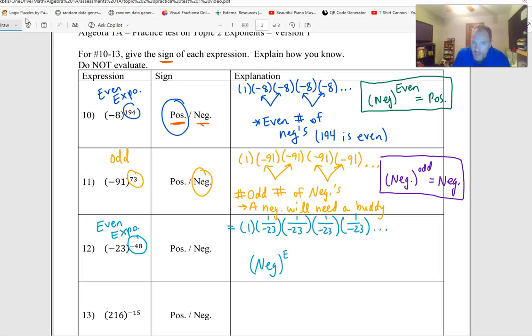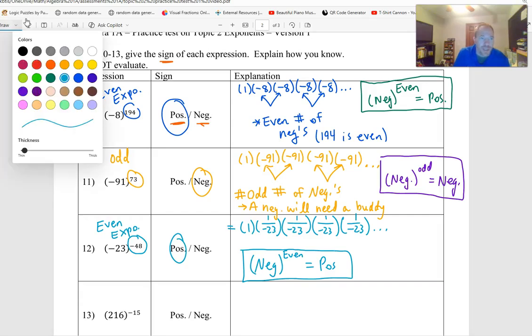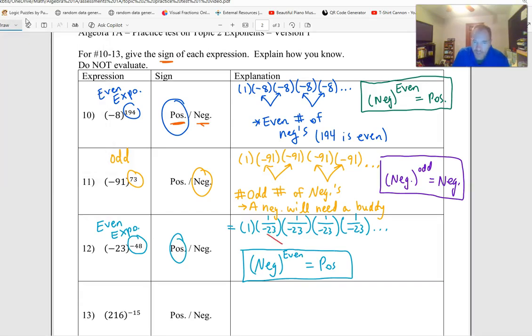Every single one of these negatives would have a buddy with an even amount of those negatives. So that's going to give us a positive result. We'll come over here and circle that. So again, just to explain it, we would have 48 of these negatives, and I could make pairs of them. 48 is an even number. Every negative would have a buddy. So again, I'm not operating.